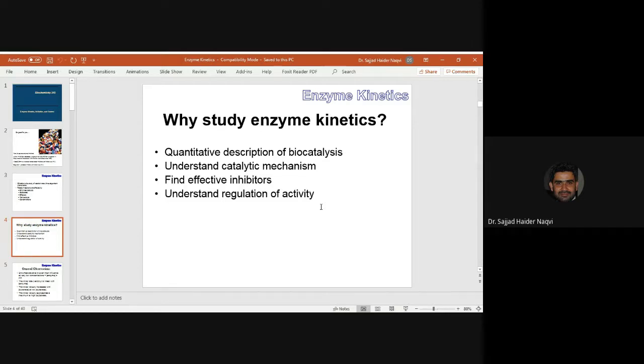There should be some mechanism by which we can regulate different biochemical reactions depending upon the need of a particular product. In some cases, we need to enhance a particular reaction to get the final product, and in some cases, we might need to stop or slow down a particular reaction. In order to understand how it is being regulated, we should know the enzyme kinetics.